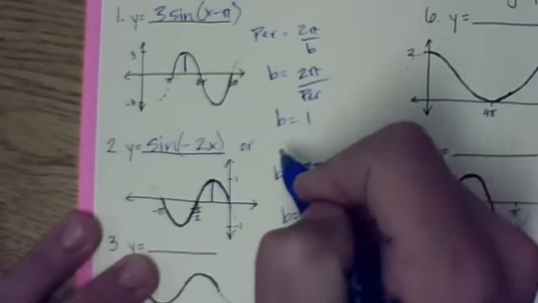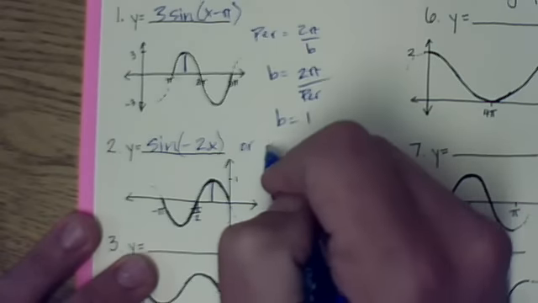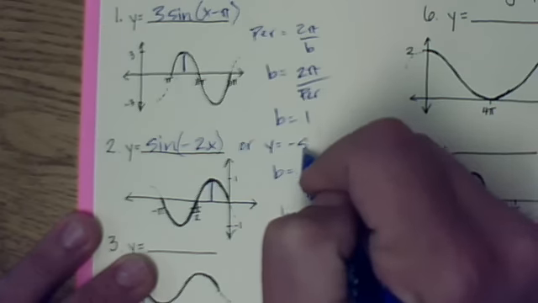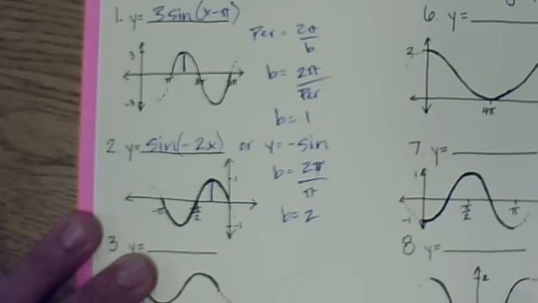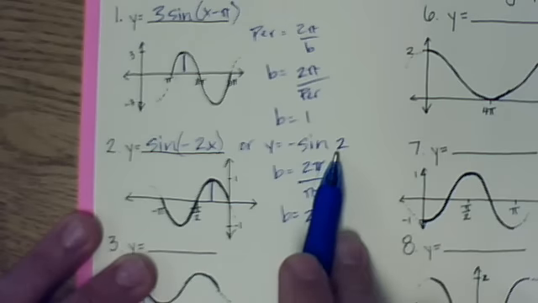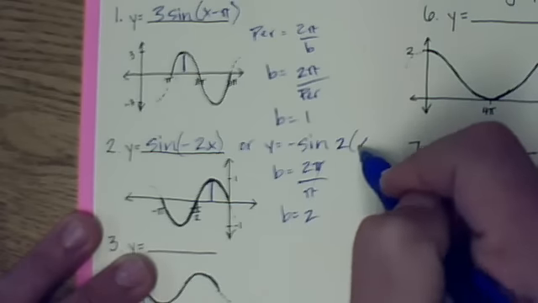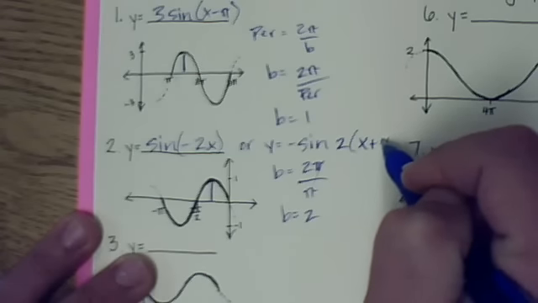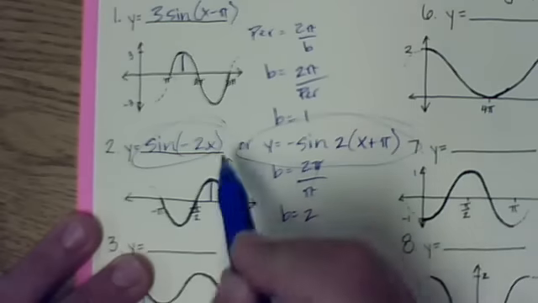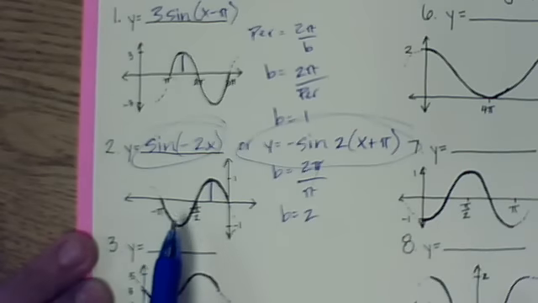Or we can say that the graph flipped over the x-axis, like that. You have your horizontal shrink, and then it moved left pi. So either one of those will work for that graph right there.